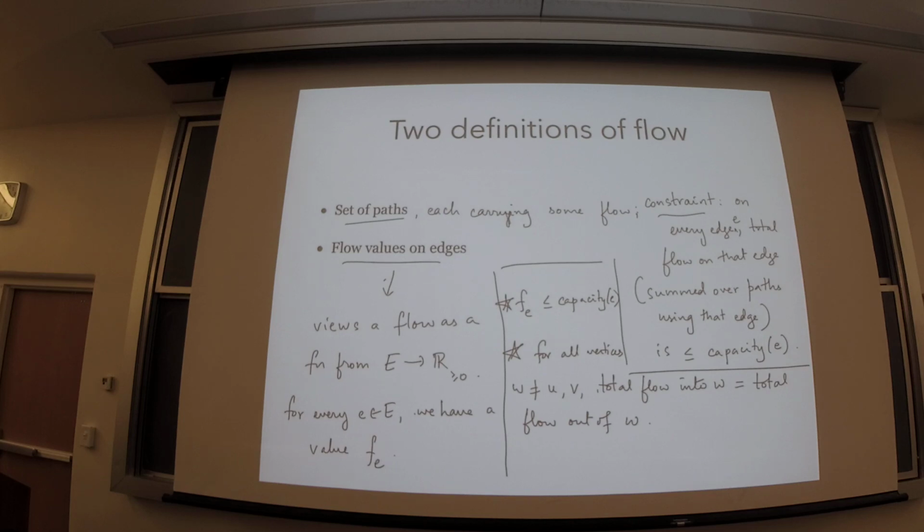If I take some vertex W, and let's say there are edges E1, E2 coming in, and E3, E4 going out, then Fe1 plus Fe2 must be equal to Fe3 plus Fe4.